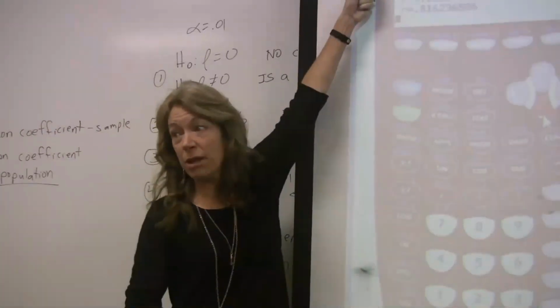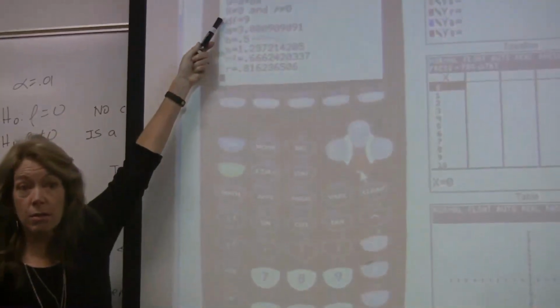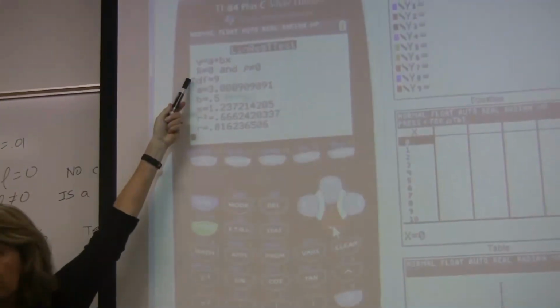Computer totally froze. Well, good thing it's still here. I can point to it. Can't move my mouse. Y equals a plus bx. See on the top of your screen there?